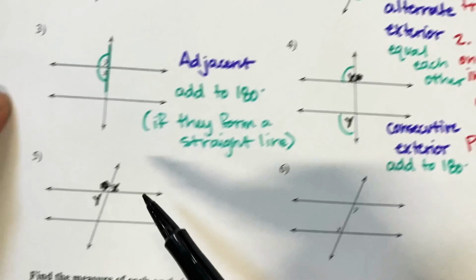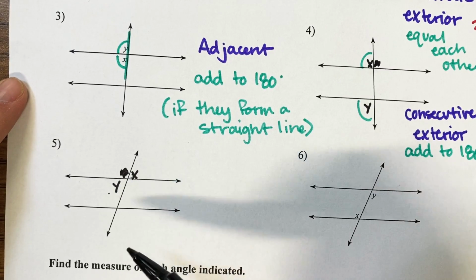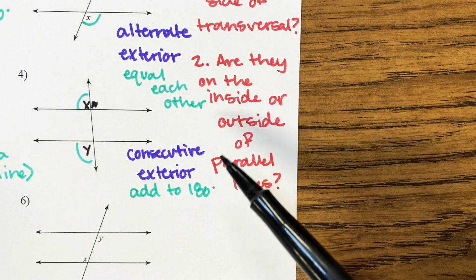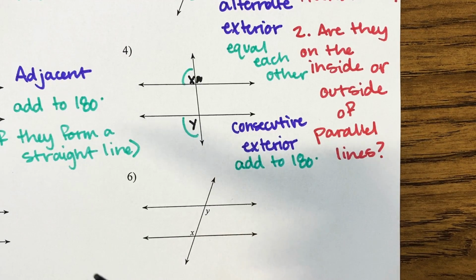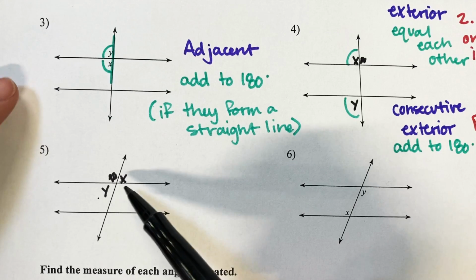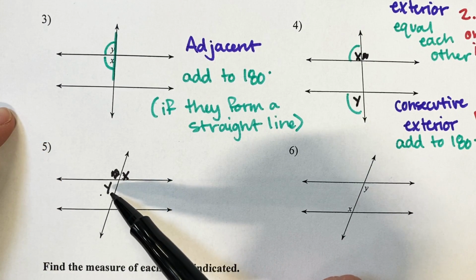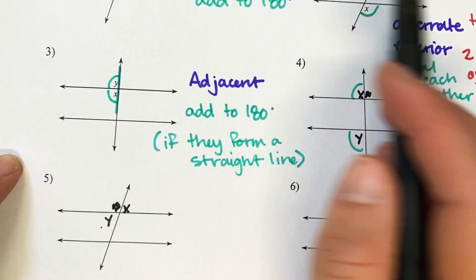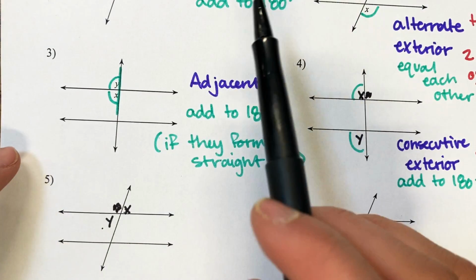Same or different side of the transversal? One's on the left, one's on the right, so we know different, but are they both on the inside or both on the outside? One is on the outside and one is on the inside. So we can't answer it as alternate interior or consecutive, those two.